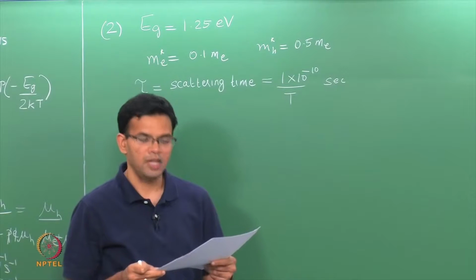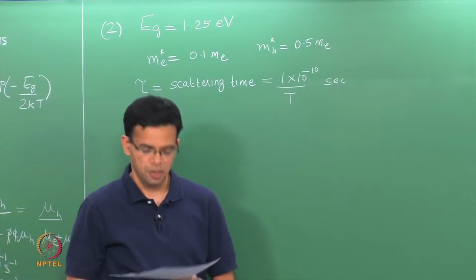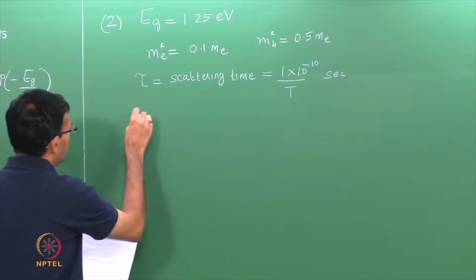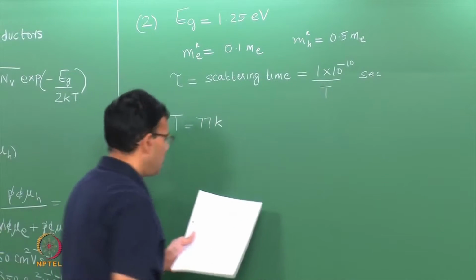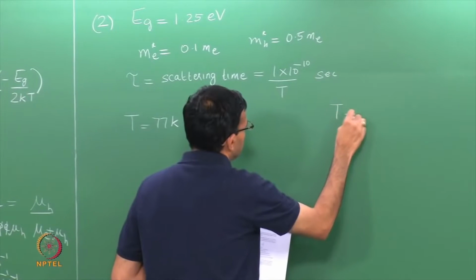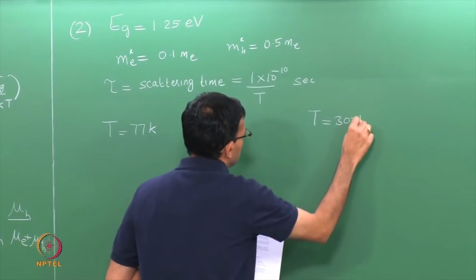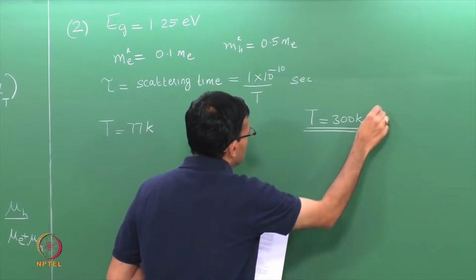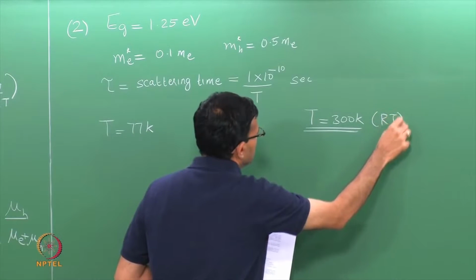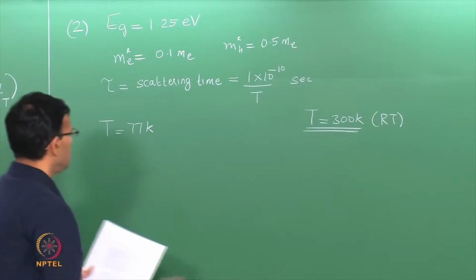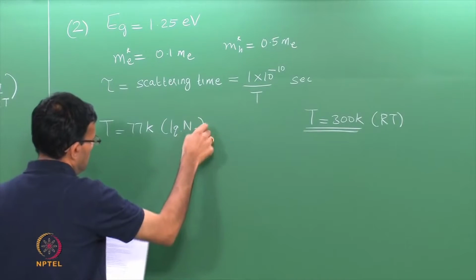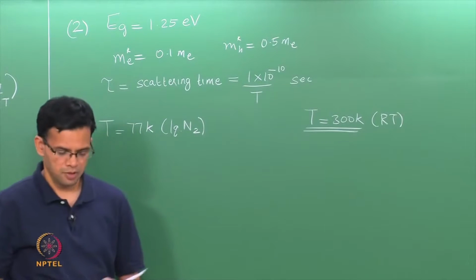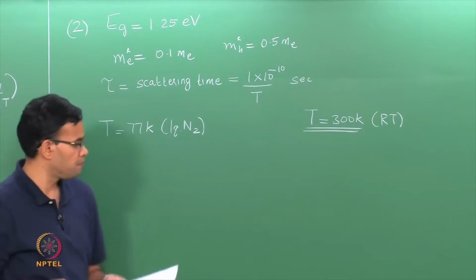So, we want to find the following at two temperatures. One is 77 Kelvin and the other is 300 Kelvin. 300 Kelvin is room temperature, and 77 Kelvin is typically the liquid nitrogen boiling point, so that is a low temperature.